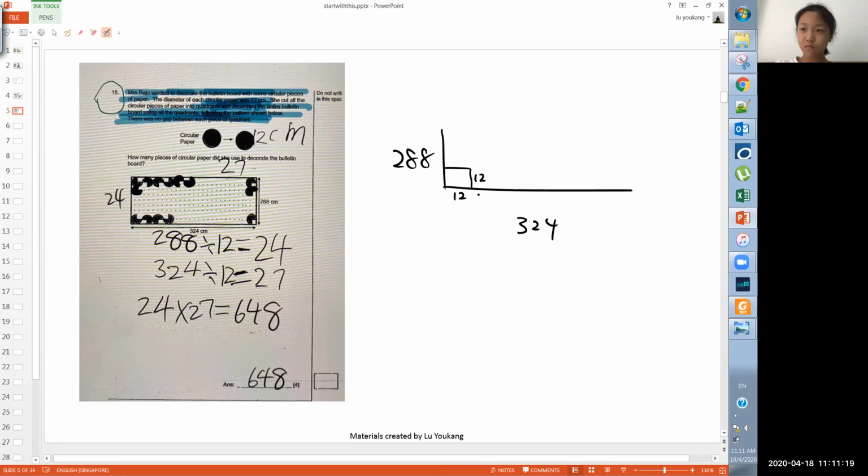3, 2, 4. So you have 12, then another 12. So how many 12 do you have? You have 27, 12. And then here you have 24, 12.